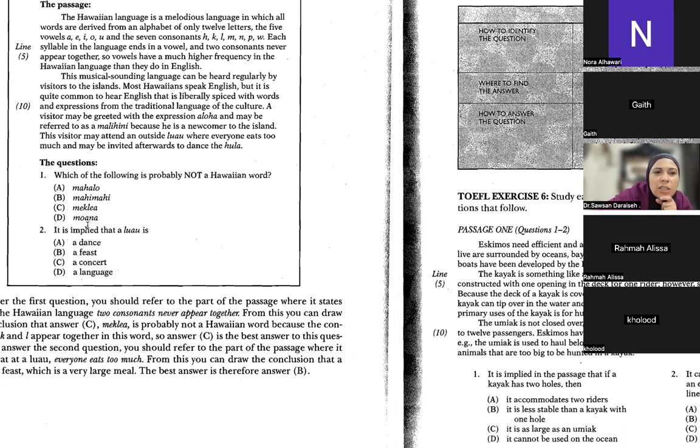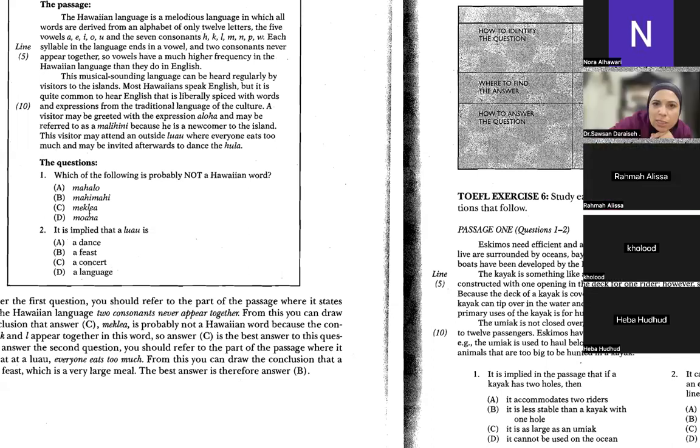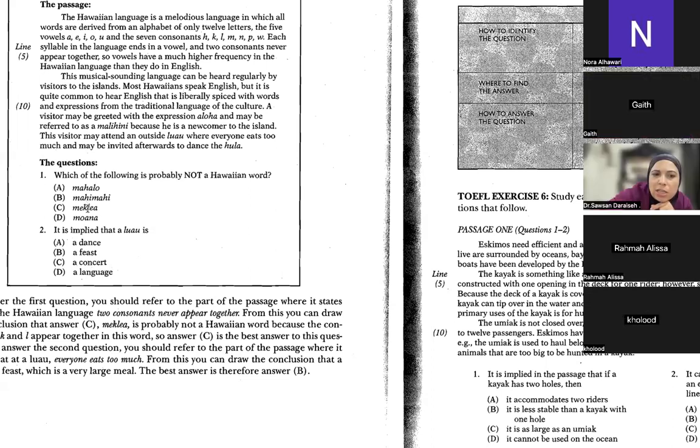In Arabic, each syllable must end with a vowel, and two consonants are not allowed to come together. So that's why we rejected C. You see how indirect it is? They give you information, and you have to make use of the information to answer the question. Thank you, Dr. Ghaith.